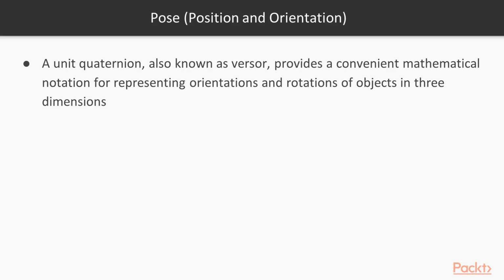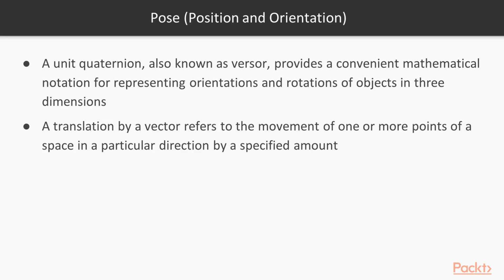So a unit quaternion, also known as versor, provides a convenient mathematical notation for representing the orientation and rotation of objects in 3D dimensions. A translation by a vector refers to the movement of one or more points of a space in a particular direction by a specified amount.